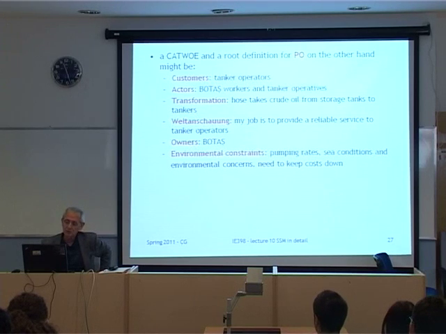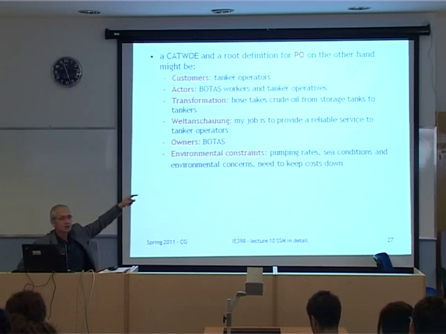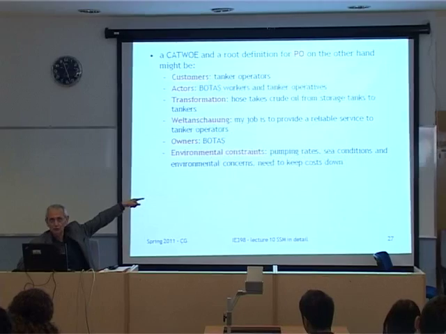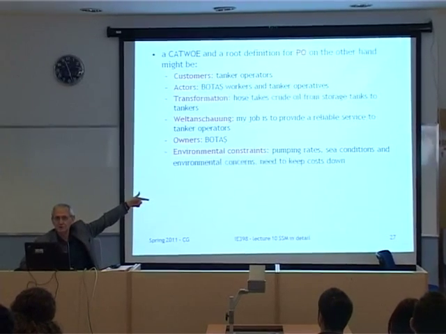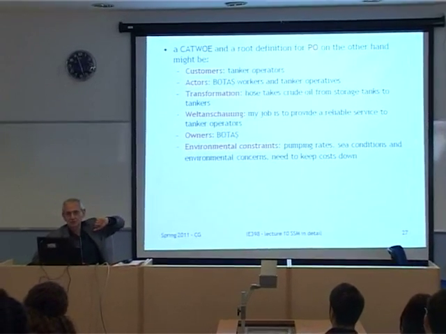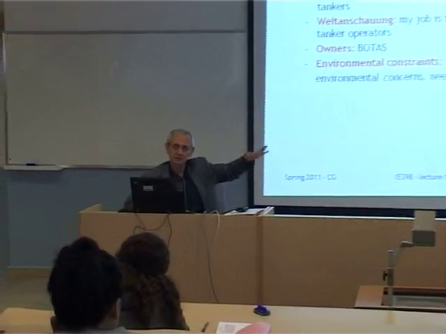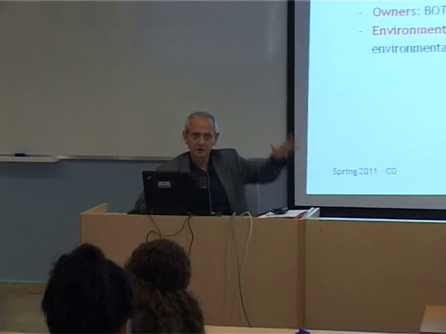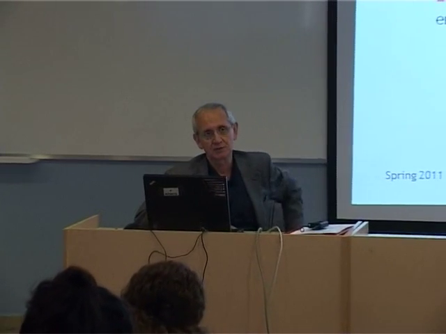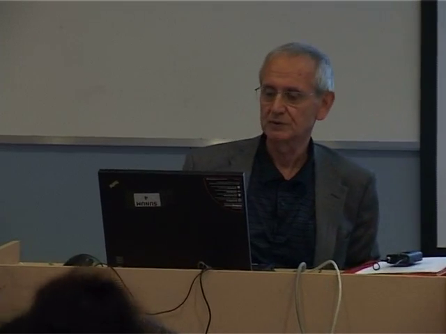The need to keep costs down can also be included here as an environmental constraint, because for the pumping officer, the boundary judgment is made by the PM, so it would be their concern to keep the cost as low as possible.